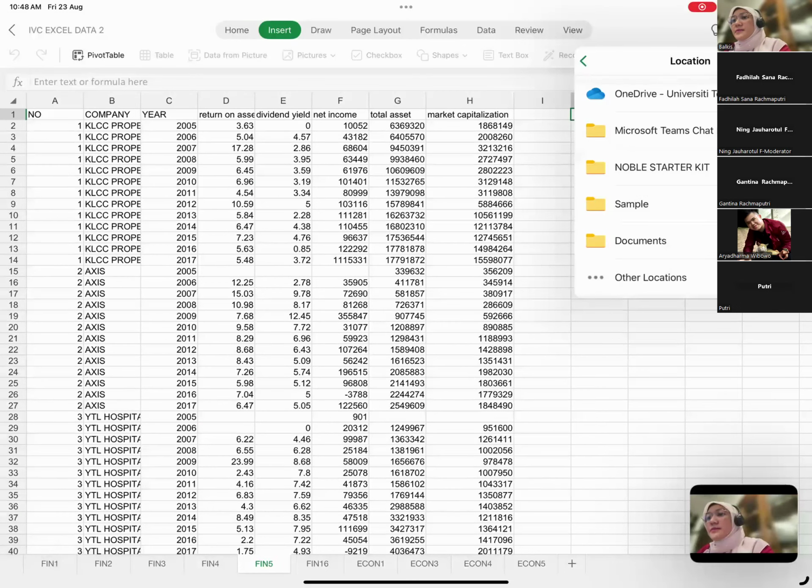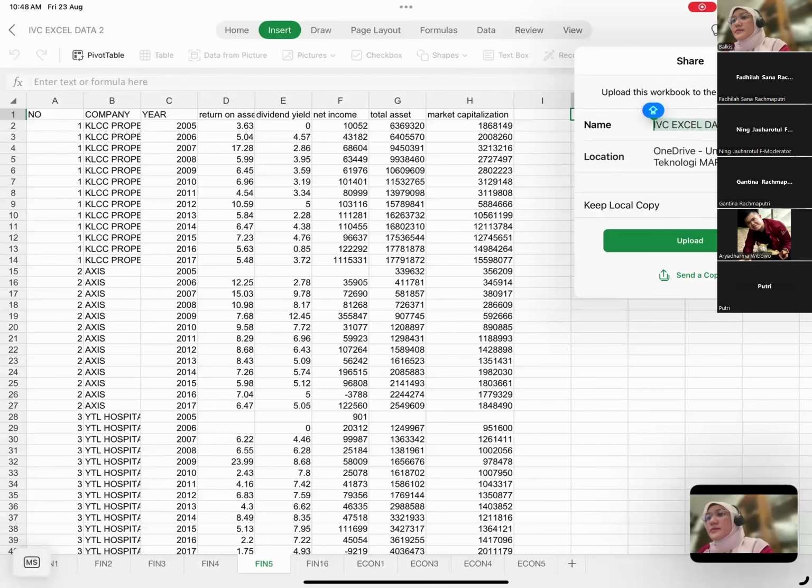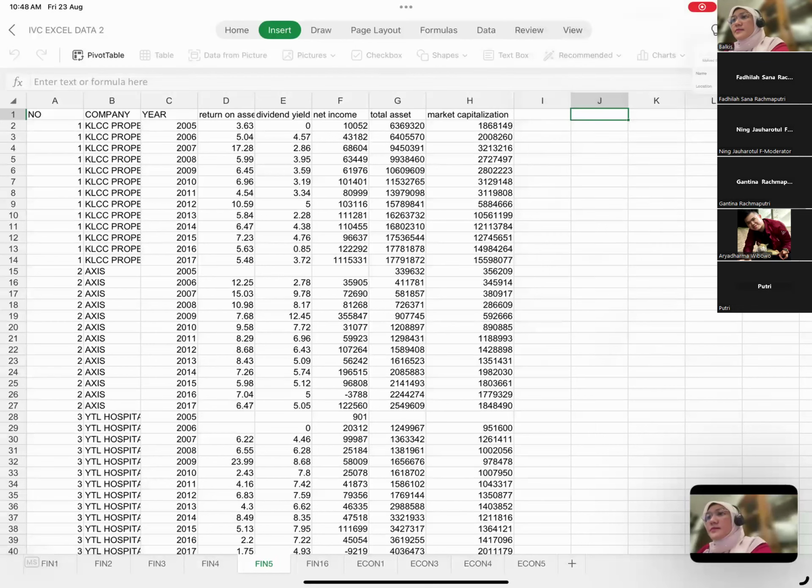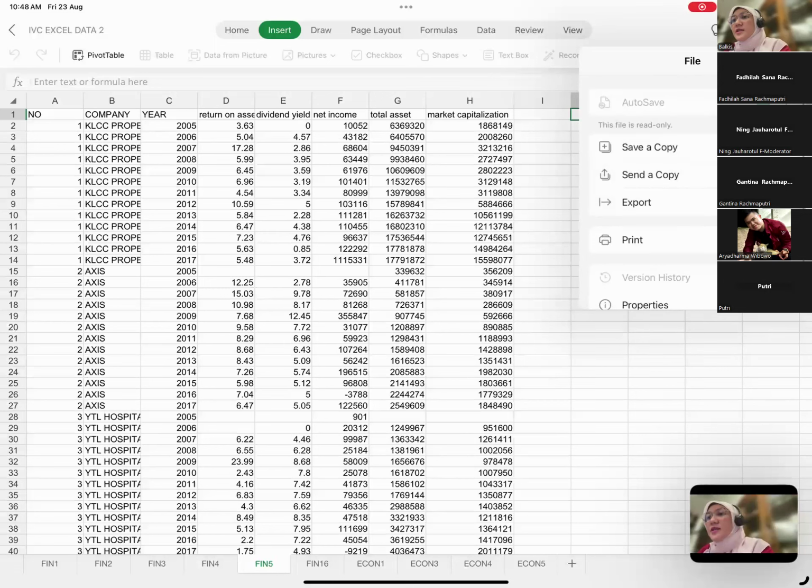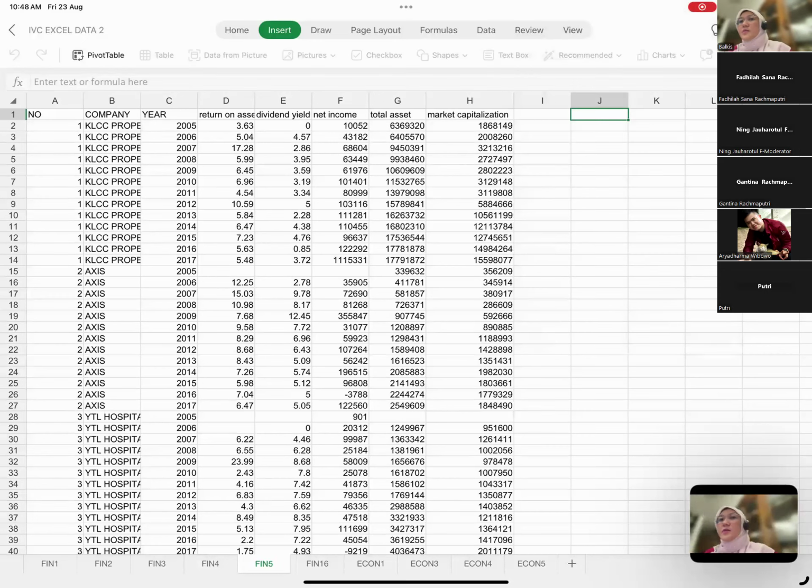Hold on. I have to save actually. Spreadsheet. Oh, because I use an iPad, so I can't change anything here. Okay, J column will be the net income.